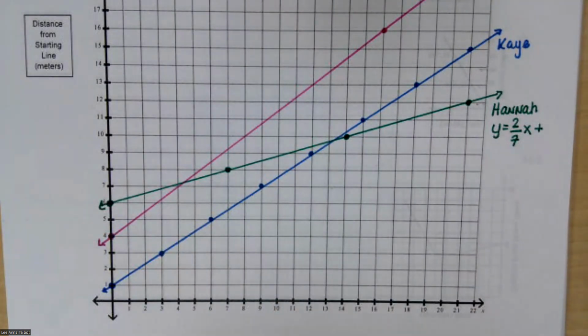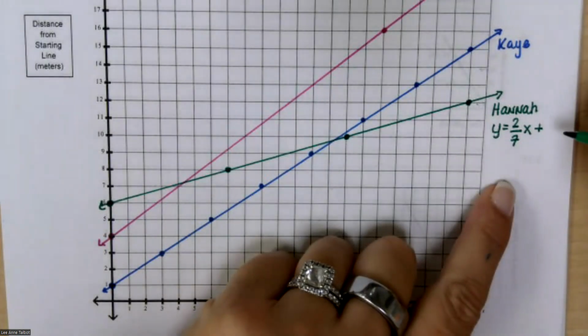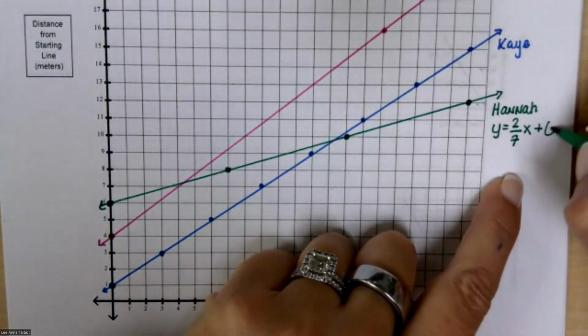And what was Hannah's head start? I got 6. Did anyone else get 6? Okay.